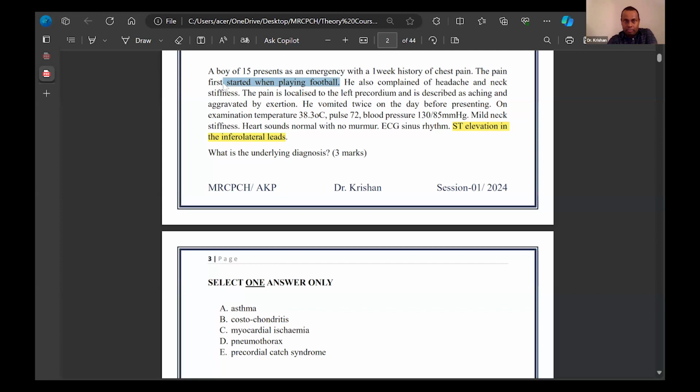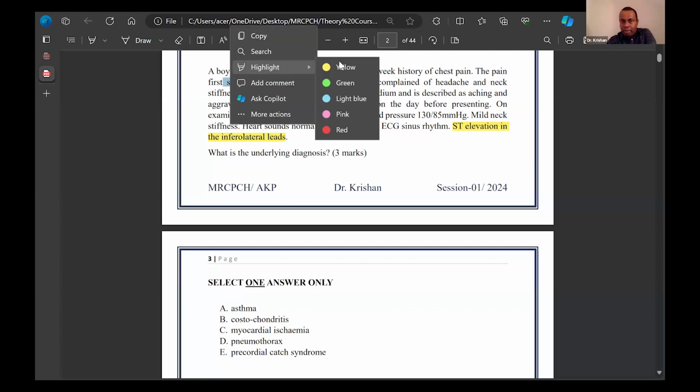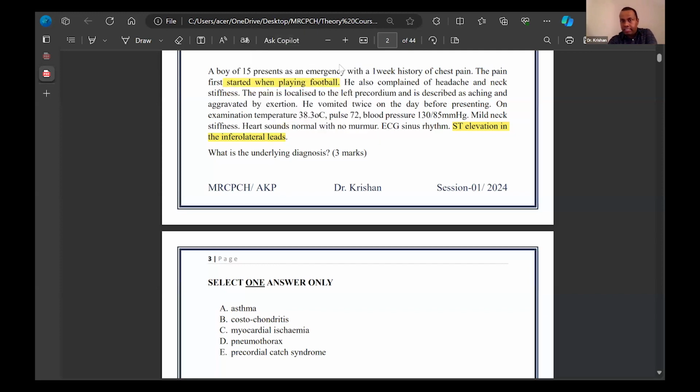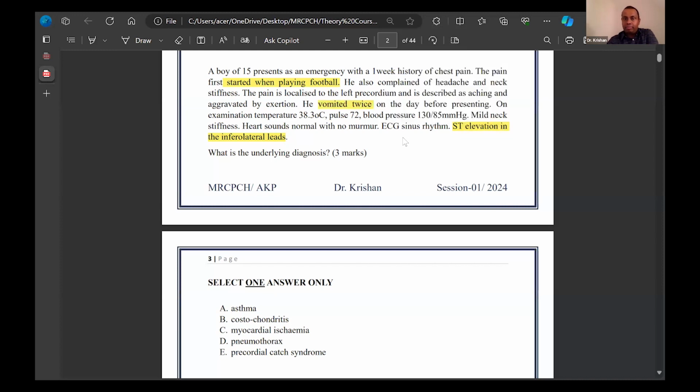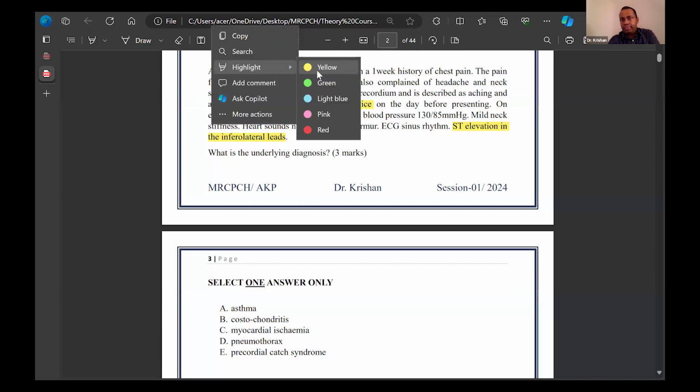So this is something which was aggravated by exercise, right? Also, he has vomited twice. This could be something to do with sympathetic activity, which we get in severe pain and especially myocardial involvement, right? And this is aching pain aggravated by exercise. So exercise-induced chest pain.